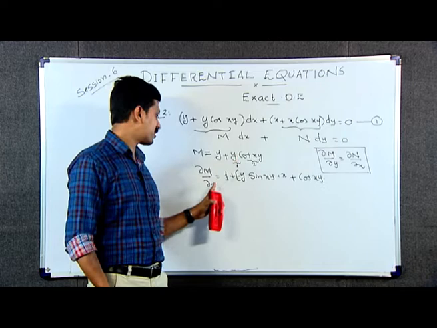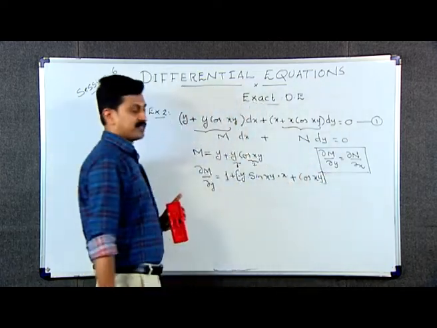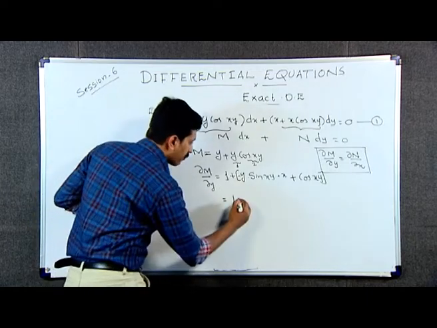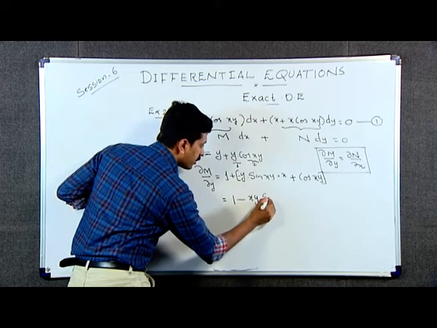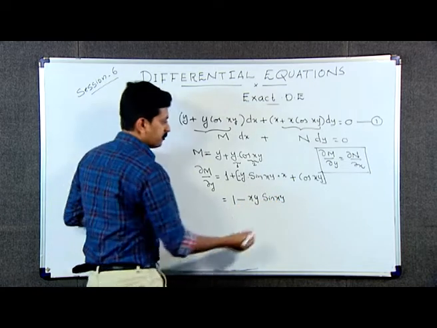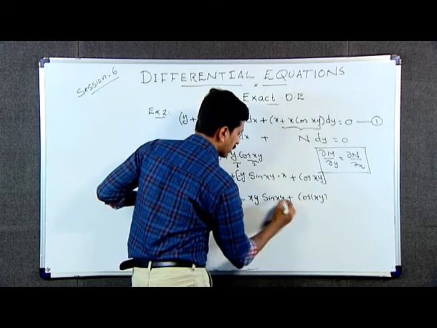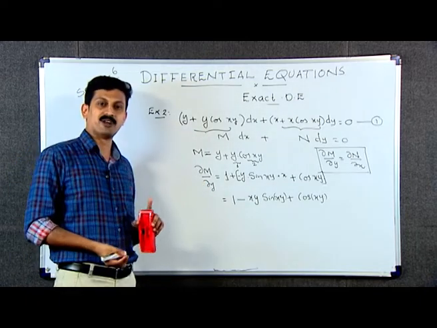We are partially differentiating with respect to y, therefore the derivative of y is equal to 1. Now this is equal to 1 minus xy sin of xy plus cos of xy. This is dou M by dou y.